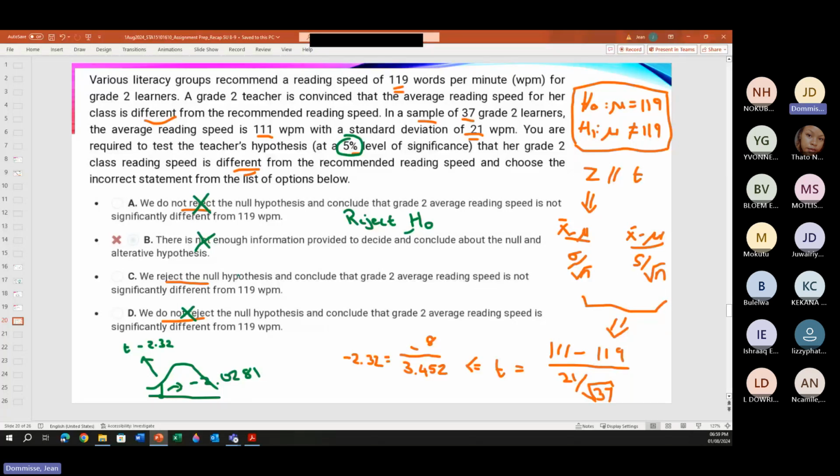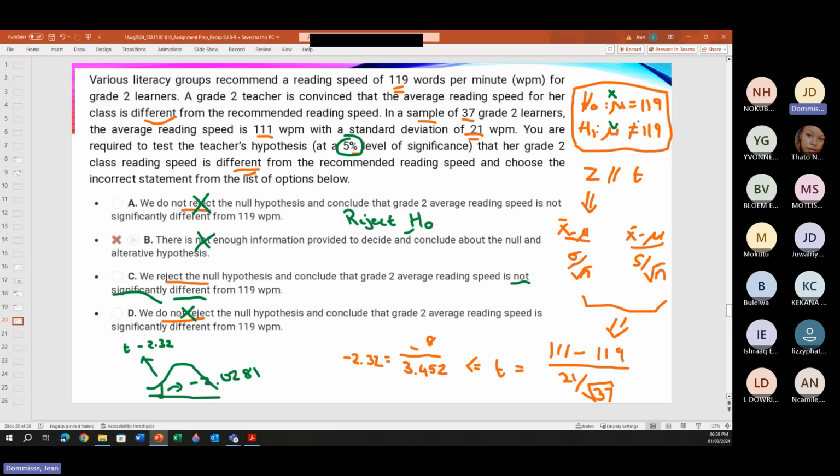We reject the null hypothesis and conclude that grade 2 average reading speed is not equal, not different. Sorry. So that's wrong, that's right.